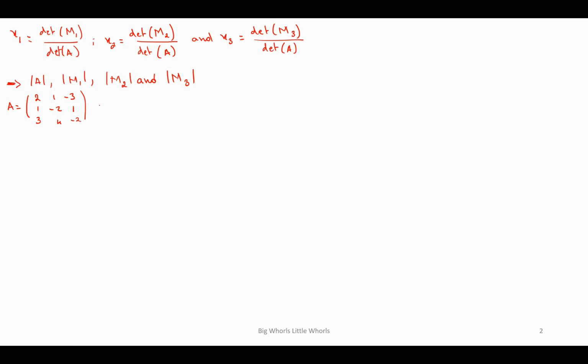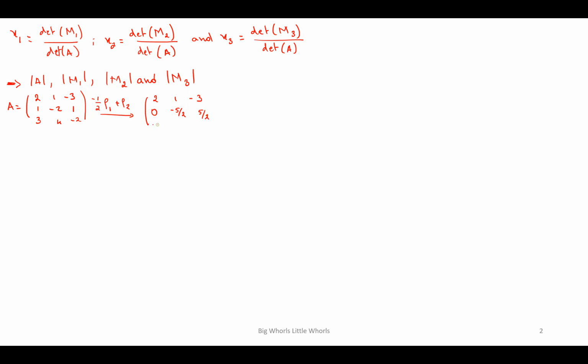Let's do Gauss's method. Minus a half rho 1 plus rho 2 gives us 2, 1, minus 3, then 0, minus 5 over 2, and 5 over 2.